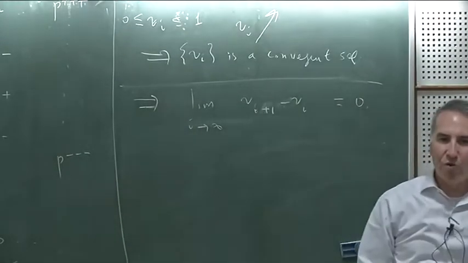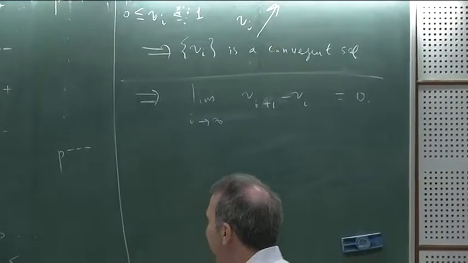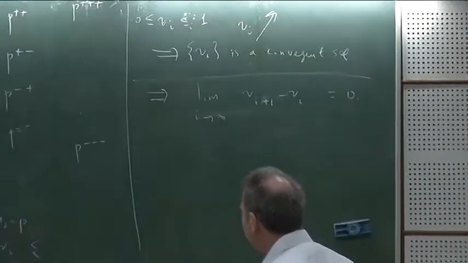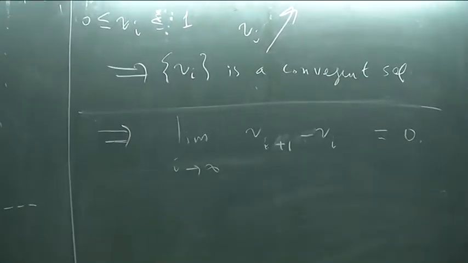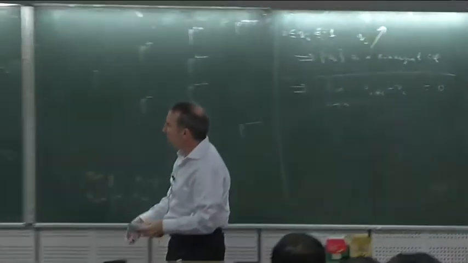So nu_i and nu_{i+1} must get close to each other. Good. Now let me do something which is slightly better than just this inequality here.